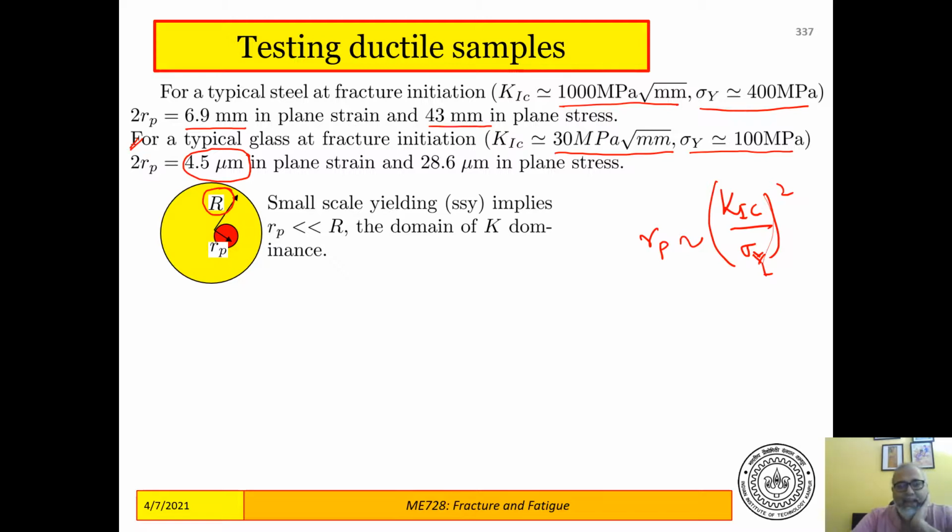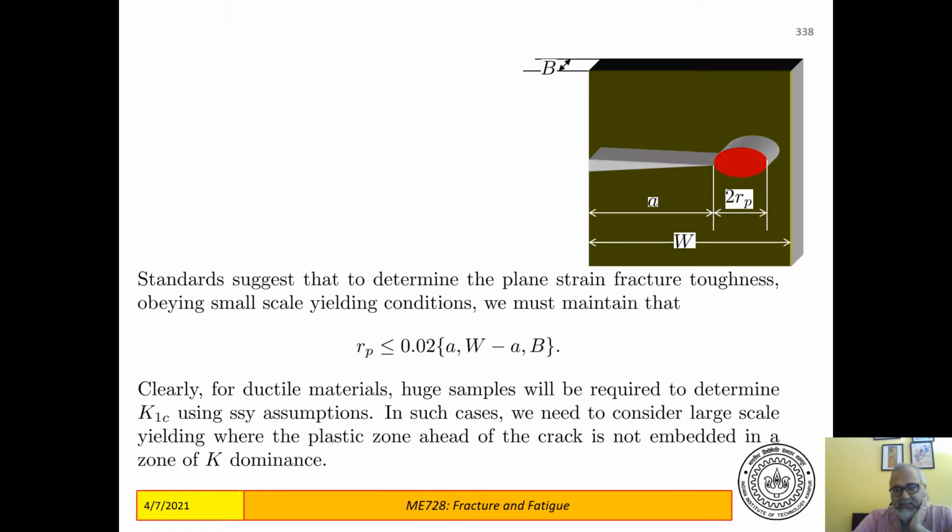Now, in a sample that you use for fracture testing, there are standards which tell you how big Rp can be. So, for example, for the compact tension specimen, the CT specimen, the standards suggest that your Rp has to be less than 2% of any of the major dimensions of this sample.